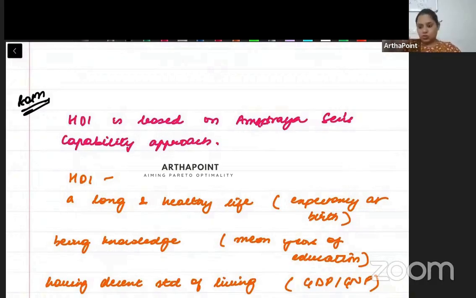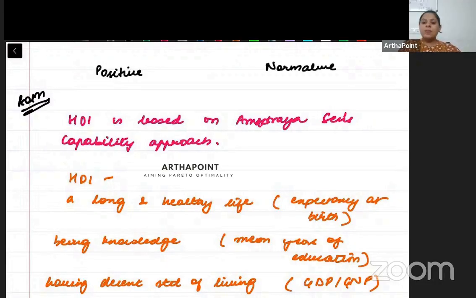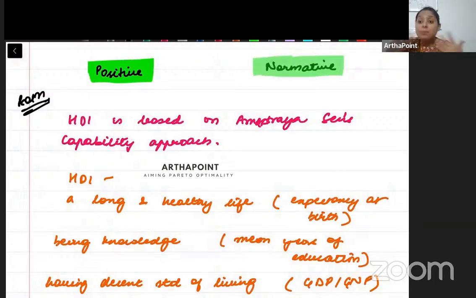Look, in economics there are two things. What are the two things? One is positive economics. One is normative economics. Positive economics tells me what is. But normative economics tells me what should be.